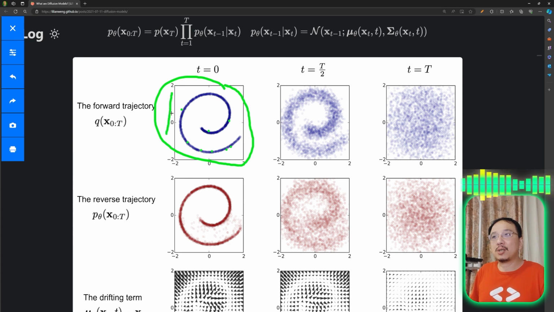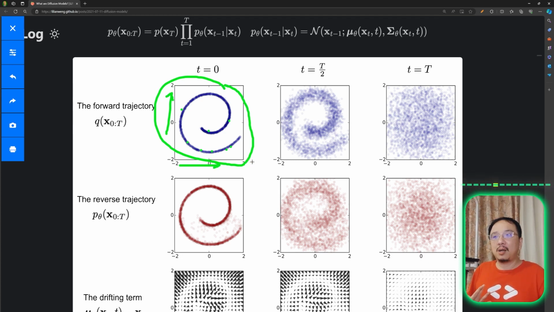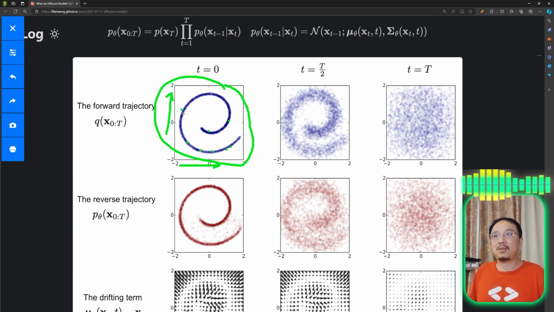One dimension is here, one dimension is there. As we mentioned before, the image we consider is very high dimensional, some dimension like a 750,000 dimensional vector. But here we only consider a 2-dimensional vector. So each point represents a 2-dimensional vector.